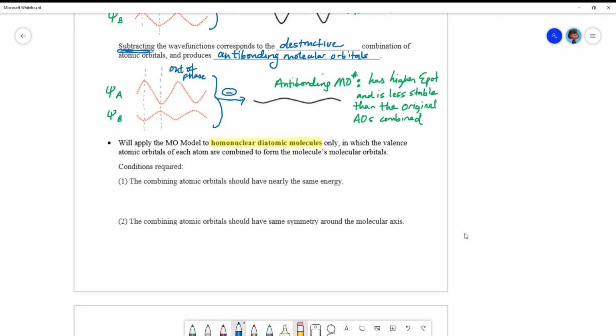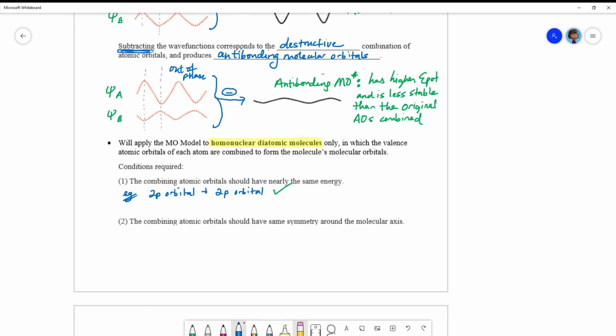So, for example, if I was to take a 2p orbital and try and combine it together with another 2p orbital, these are 2p orbitals on two different atoms combining together, well, this would be allowed because these two orbitals have essentially the same energy.